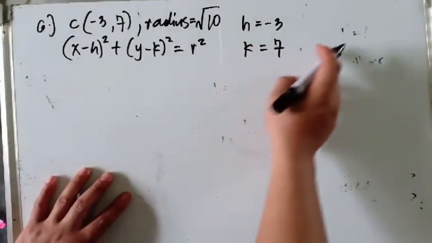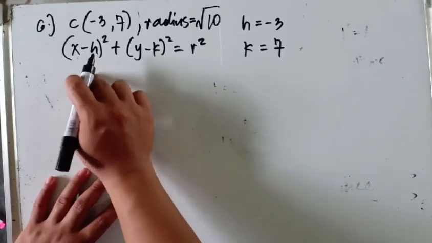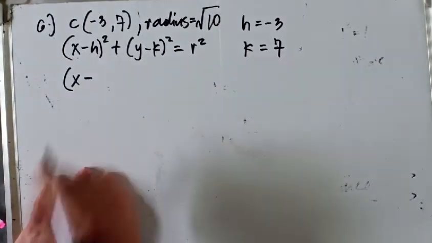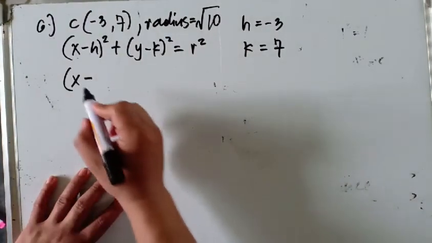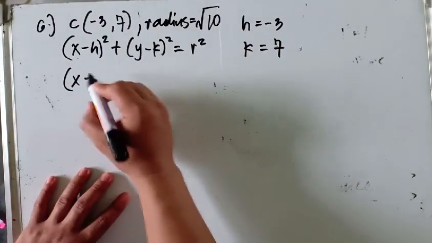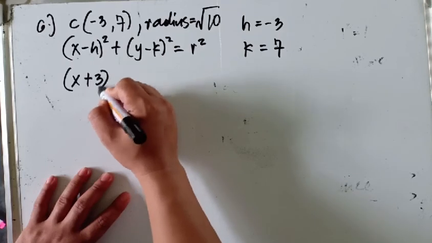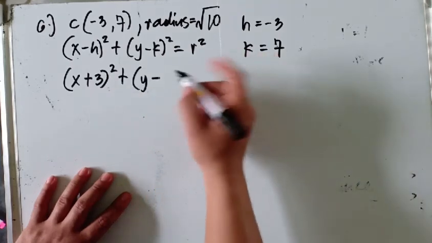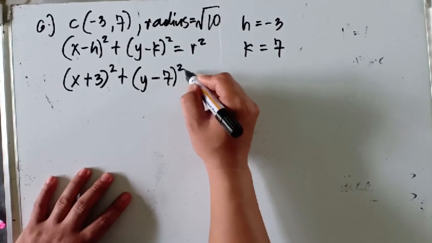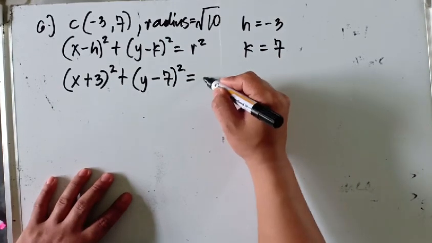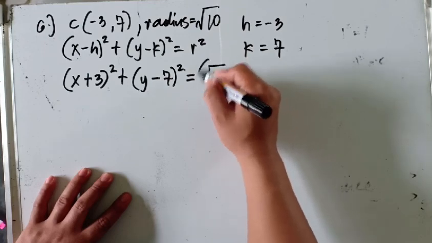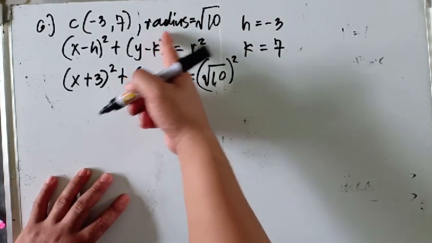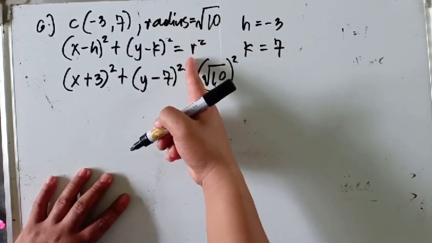Let's put the following data in the standard formula. So x minus what is h? Since we have minus negative 3, it will become positive 3 squared, plus y minus, yes, it's 7 squared, is equal to square root of 10, take the square. Remember, that's only r, and this is r squared.